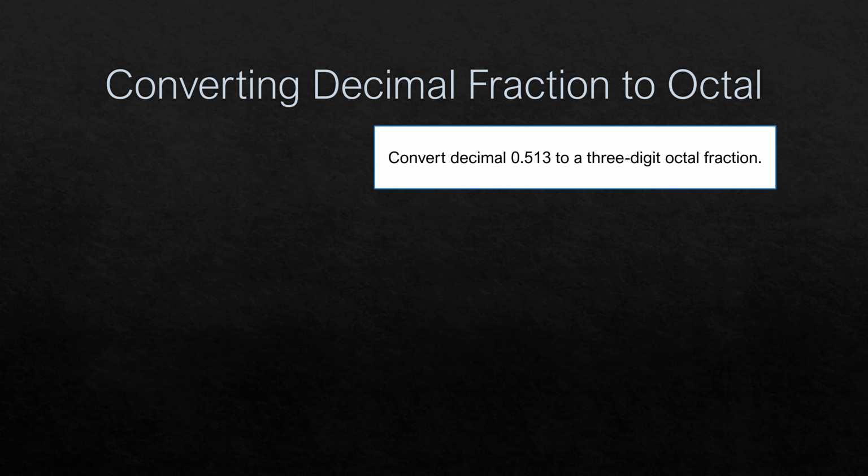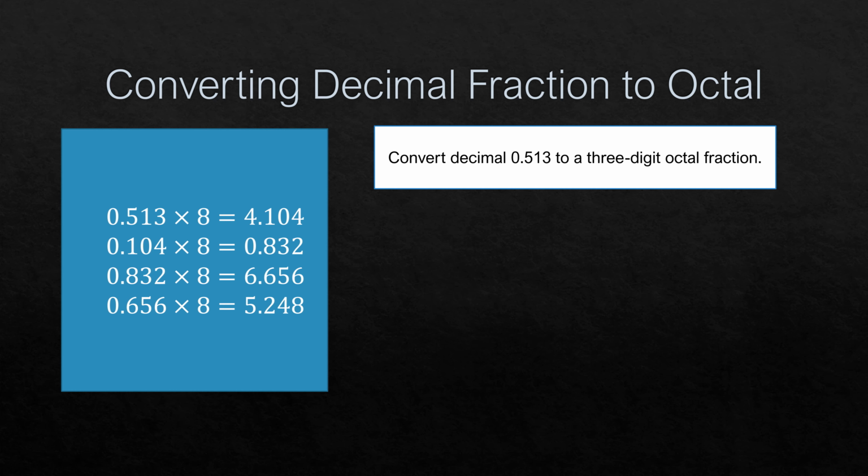In this example, we are asked to convert 0.513 decimal to octal to an accuracy of 3 digits. We start by multiplying 0.513 by 8, which gives us an integer of 4 and a fraction of 0.104. We multiply the fraction 0.104 by 8, which gives us an integer value of 0 and a fraction of 0.832.